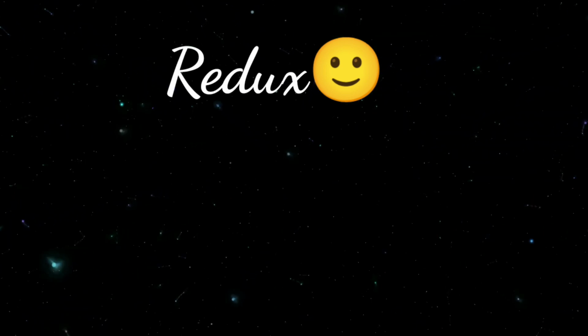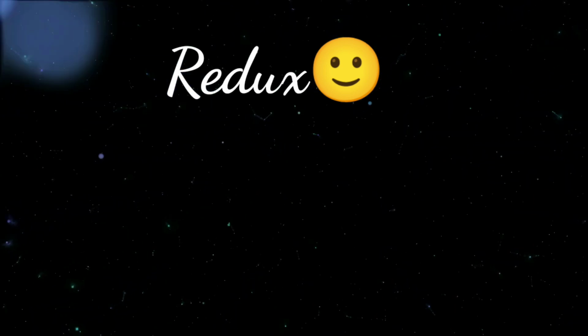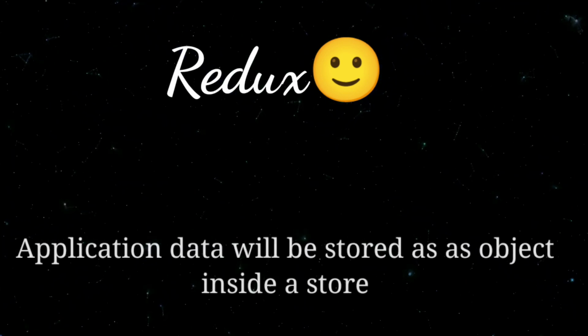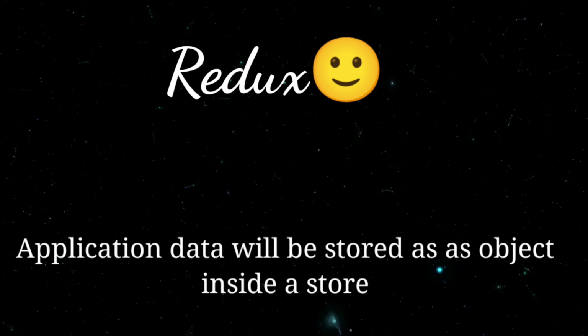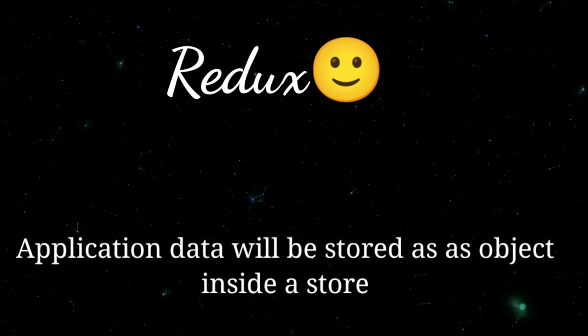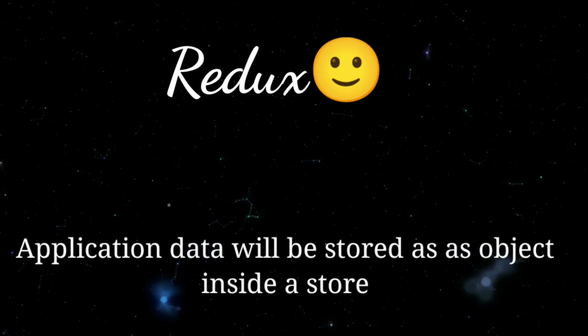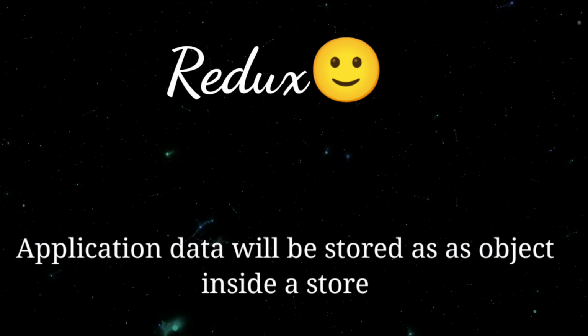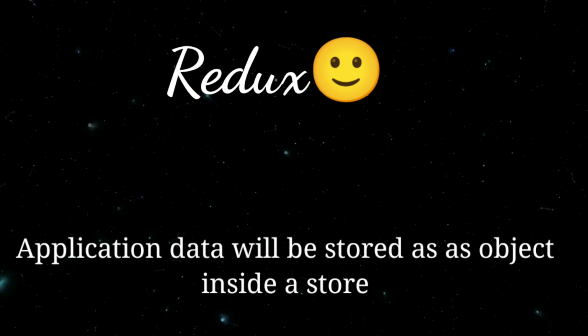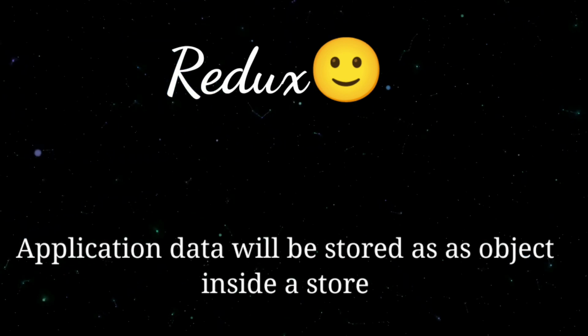Whatever state we have, whatever data we have inside the application, will be stored in an object inside a single store. And as I told you, the only way to change the state is to emit an action, an object describing what happened, and also to specify how these transformations are done.